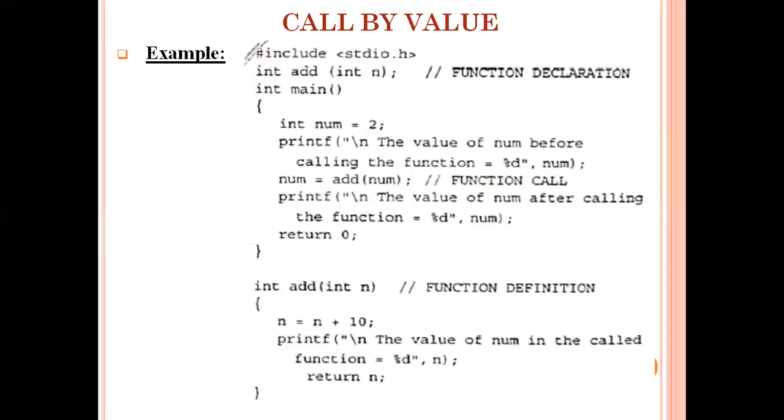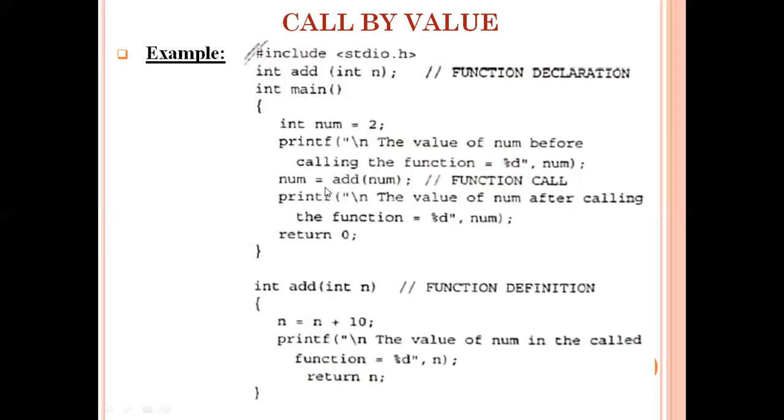When we execute this return statement in the called function, the value 12 is passed to the calling function and the corresponding value is stored in num. Now after executing this function call statement and this definition, next we display the value of num after calling the function.